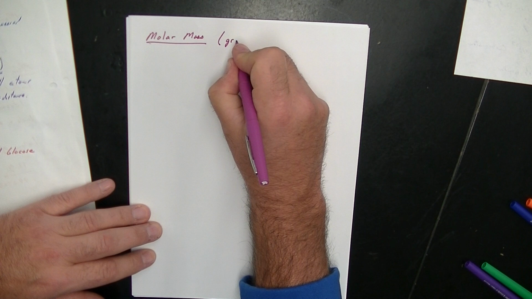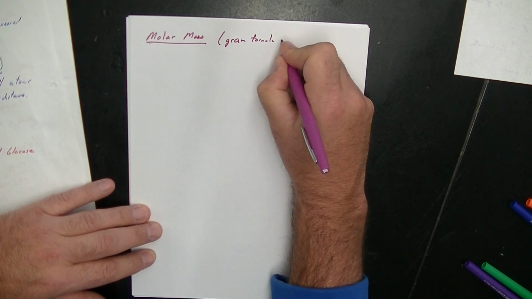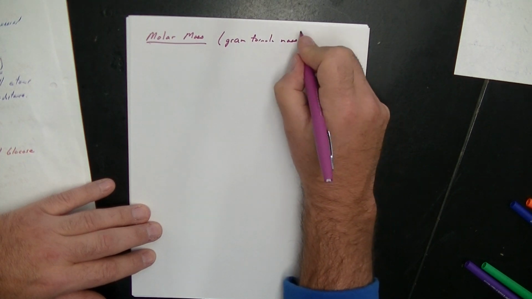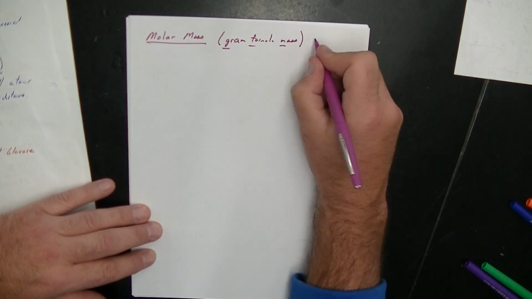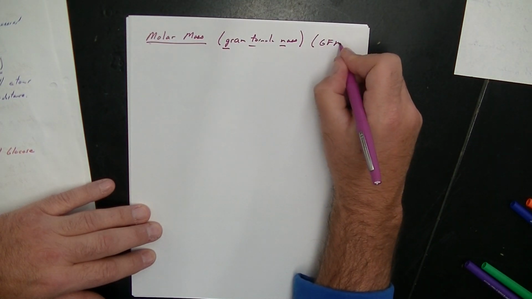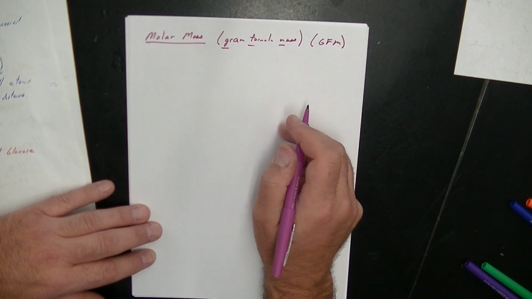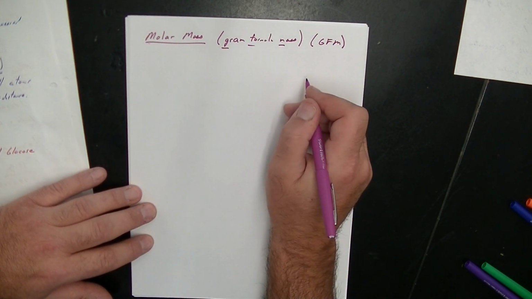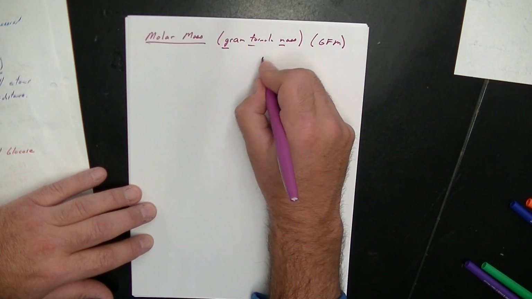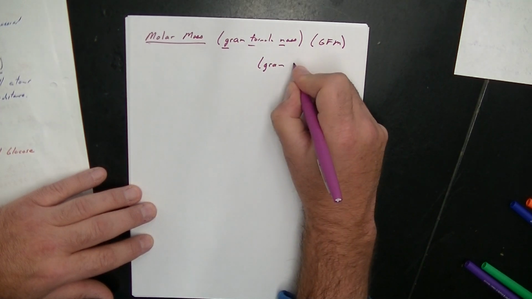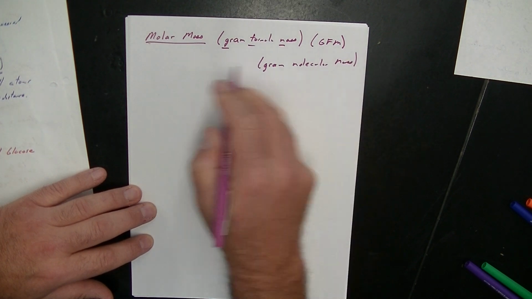It's also called the gram formula mass, or GFM. If you see GFM, we're talking about gram formula mass. It's the same as the molar mass. You might even see gram molecular mass. These all mean the same exact thing.